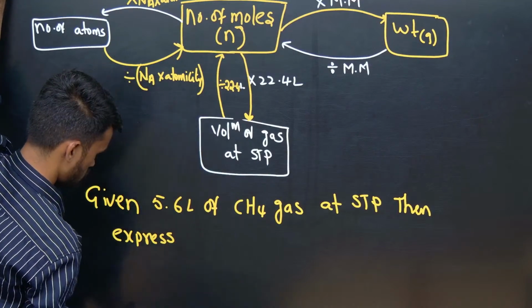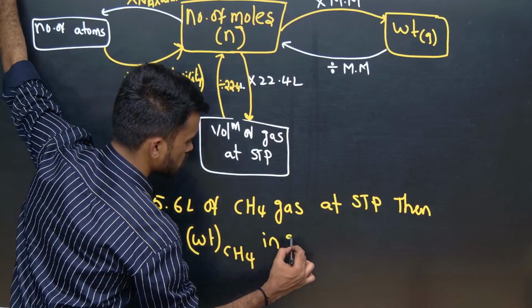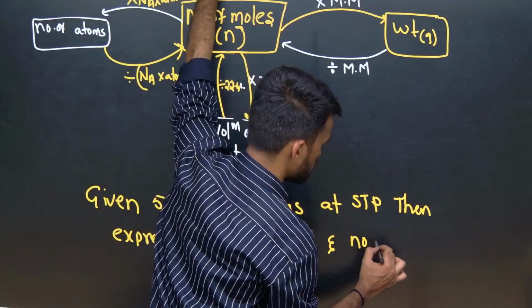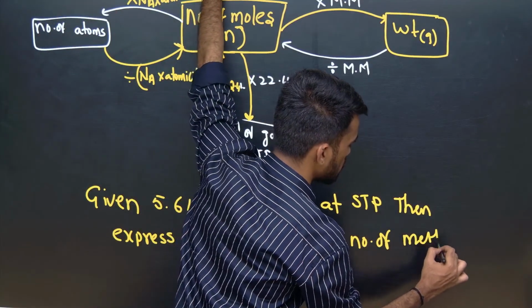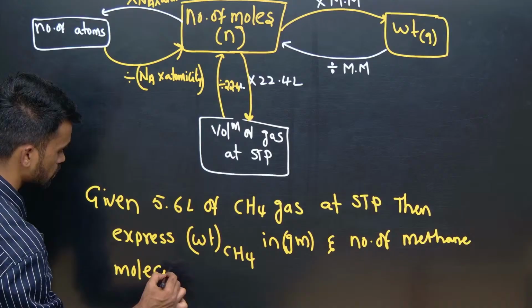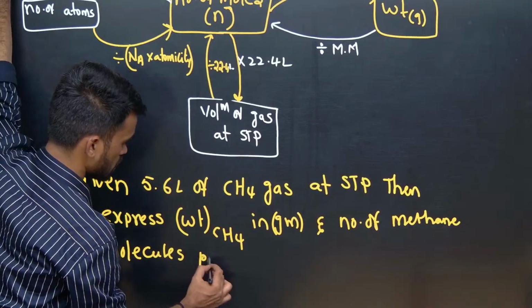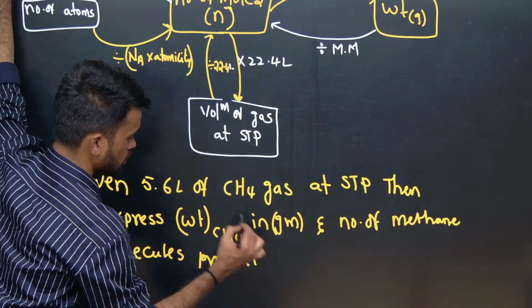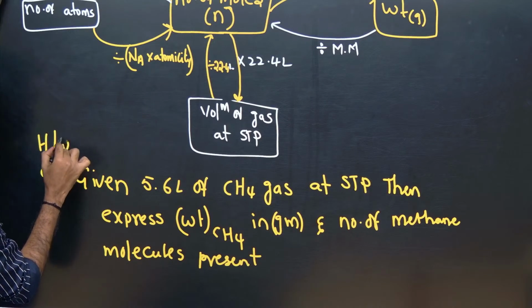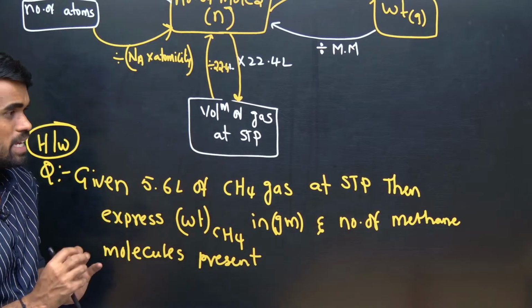Express weight of methane in grams and number of methane molecules present. This is a homework question. Okay, the basic question again. Based on this data only you can do this. Very easily you can do.